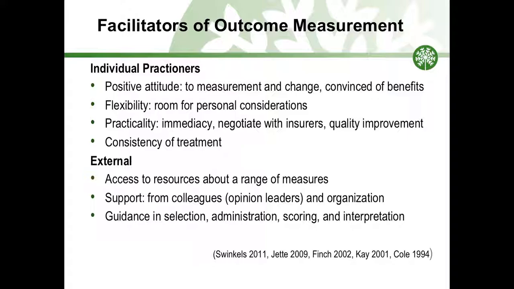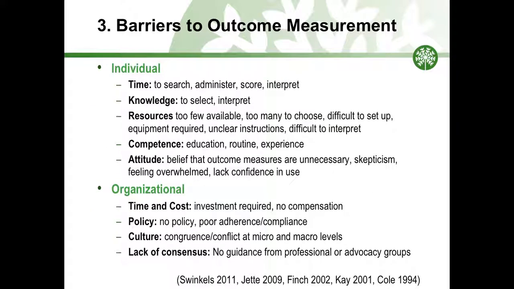It's also important that many organizations understand the value of using outcome measures, and like I said, Medicare requires it these days. And there also needs to be some guidance regarding the selection of an appropriate outcome measure tool and how to score it and how to interpret those results.